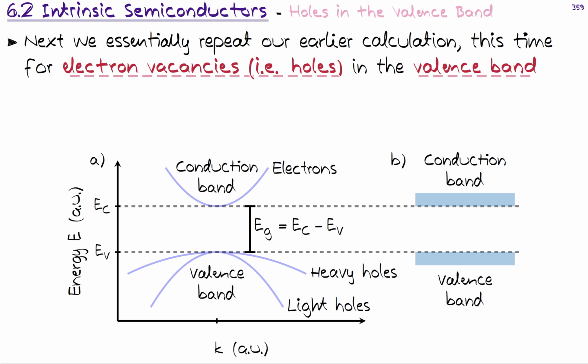And effectively, their movement, or maybe I should say the movement of the surrounding electron states, can give rise to a macroscopic formation of current. So this is analogous to the case of having some electrons in the conduction band that is not full. That gives rise to a macroscopic conductivity. So essentially the same thing happens, but now for vacancy states in the valence band.